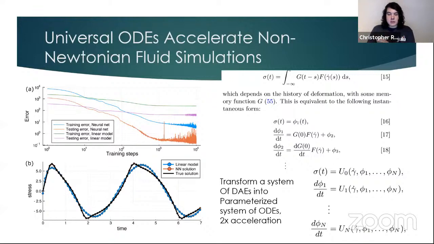And we're able to get a 2x acceleration by training this neural network and then utilizing these ODEs instead of the original DAEs. So you can utilize these neural networks to convert between these scientific forms and gather different information or accelerate your simulations.